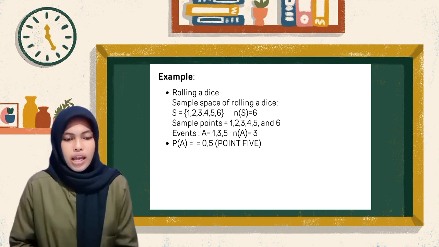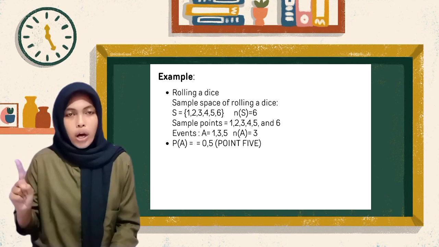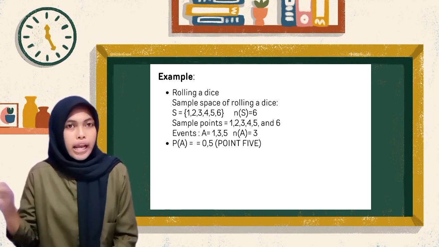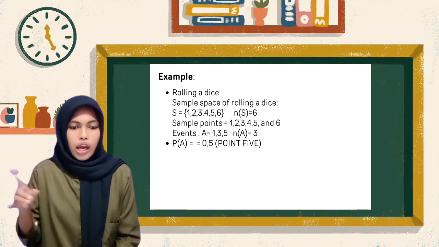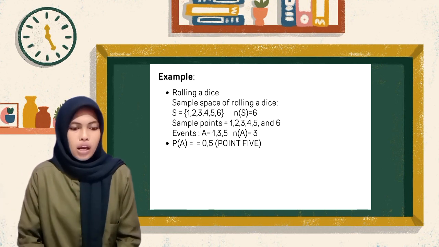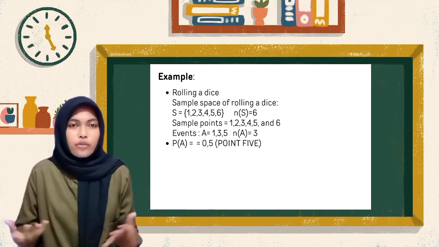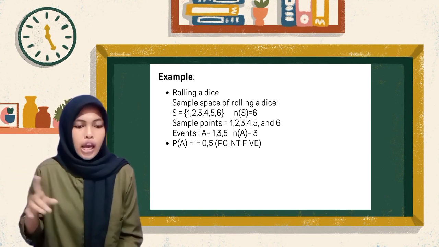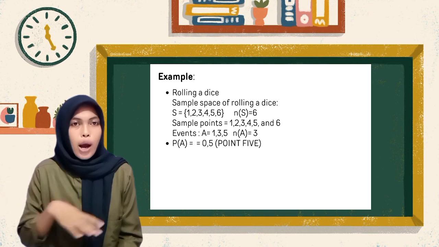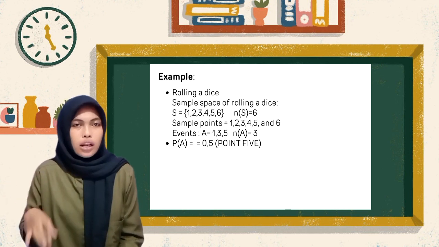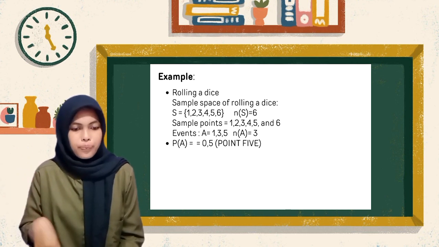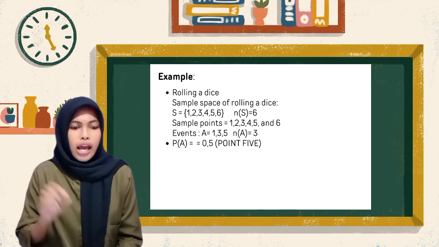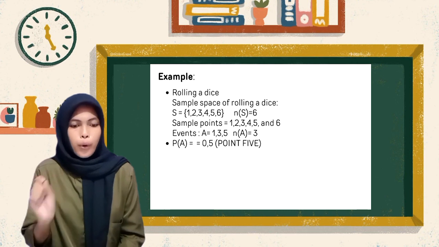And event A equals 1, 3, and 4, where N of A equals 3. And then with the formula, P of A equals N of A over N of S equals 3 over 6 equals 0.5.